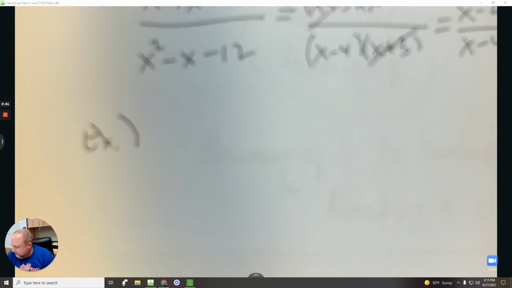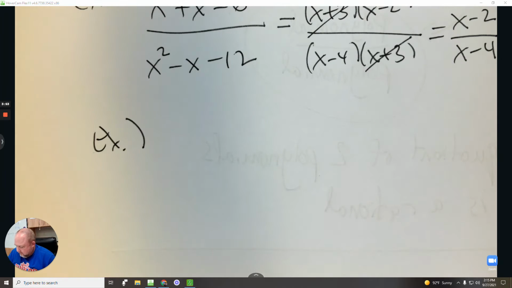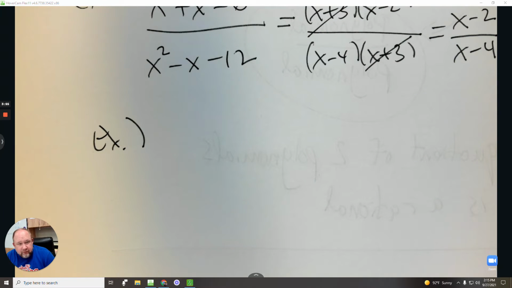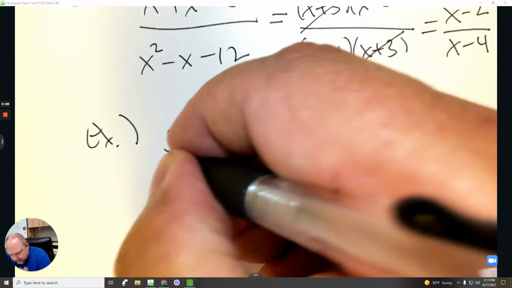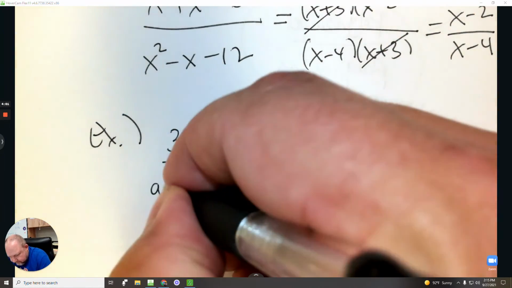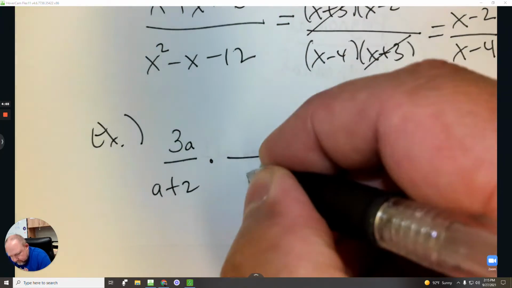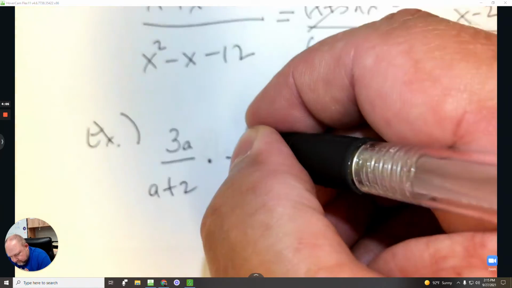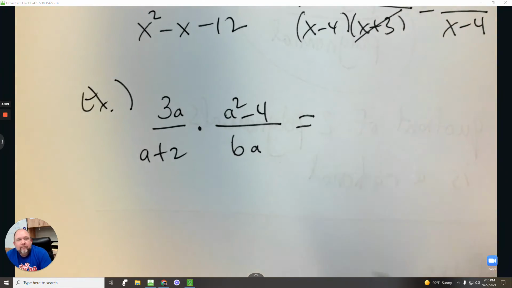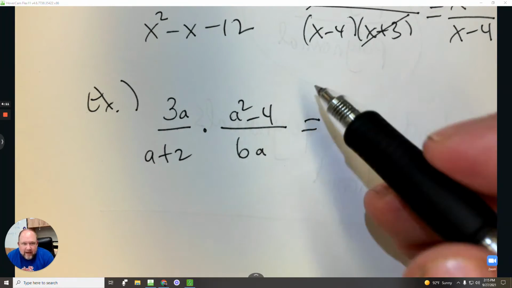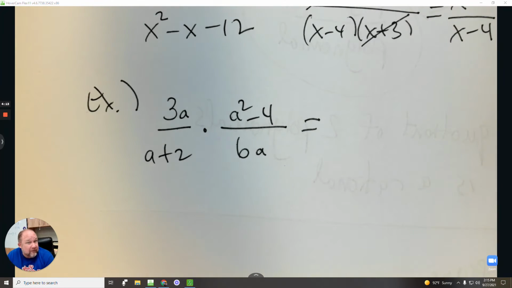Now, we can also do this with multiplying. We can do different letters too. So here we are multiplying two rationals together. Step one is still to factor.